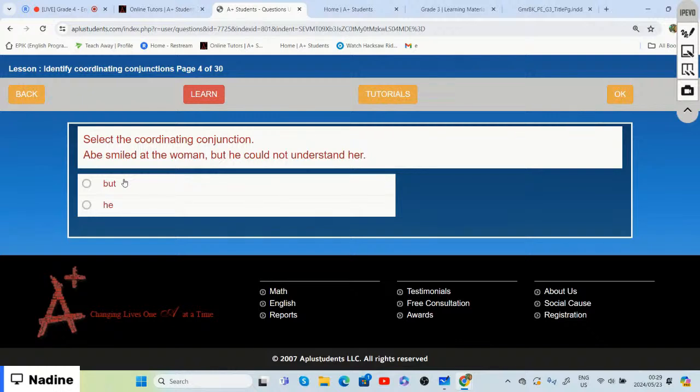But or he? So if we were to select the coordinating conjunction, it would be but.